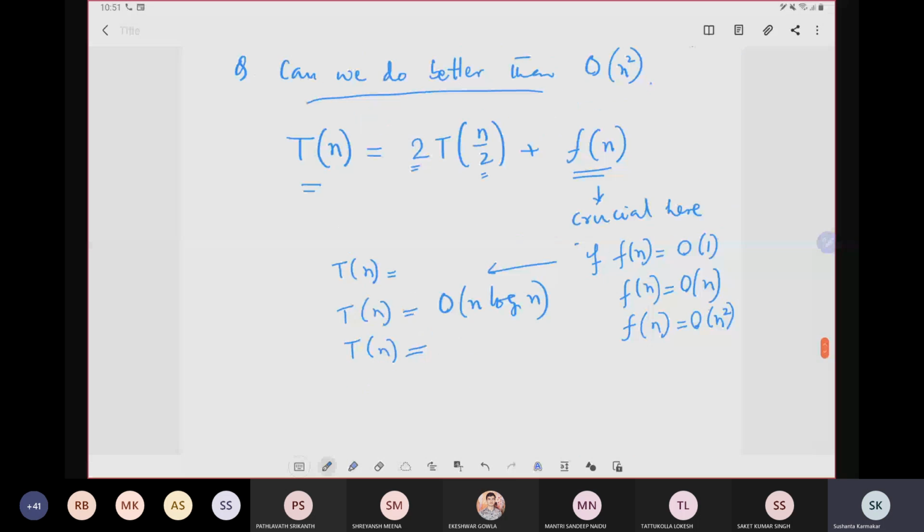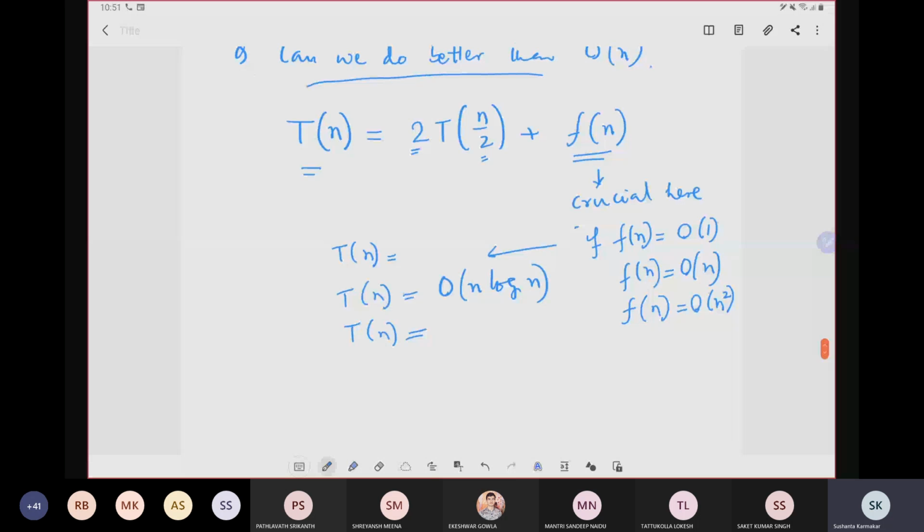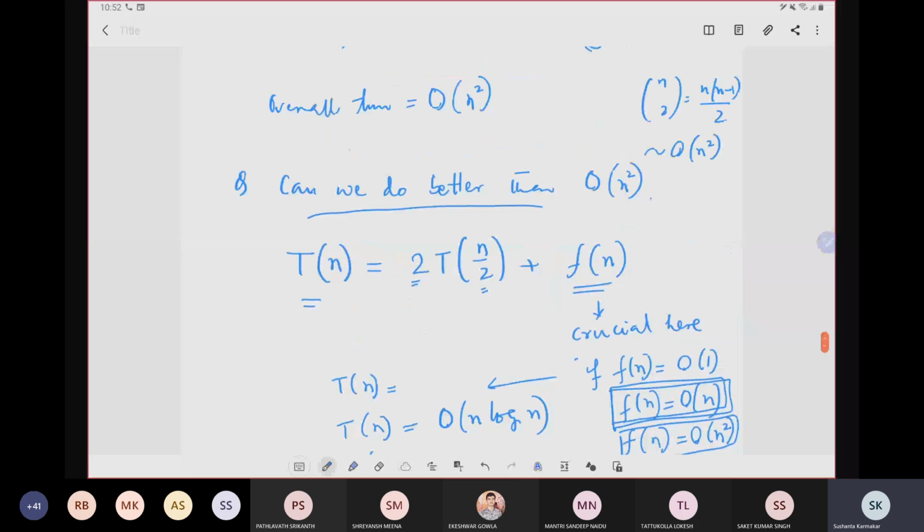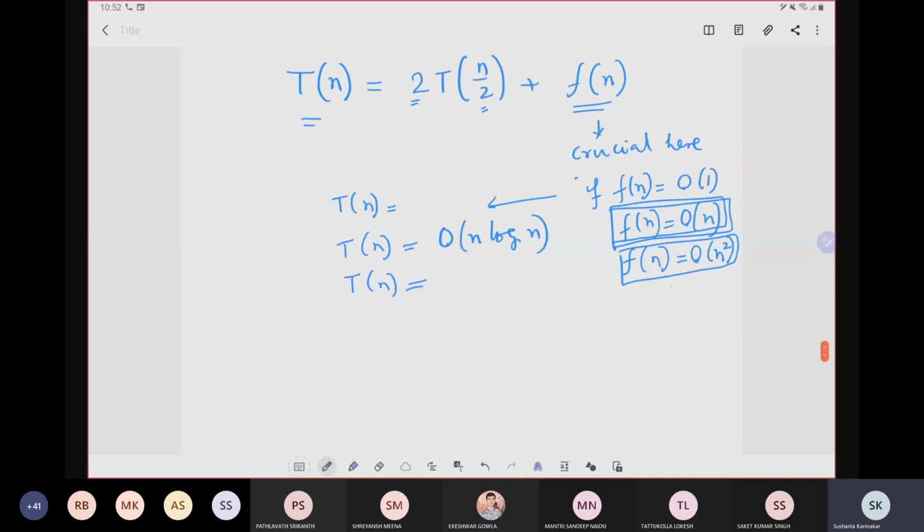We cannot make Fn equal to a constant. It is easy to show that Fn is O of n square, because if we just apply the trivial algorithm, we get O of n square, and in that case overall it becomes something like n square.